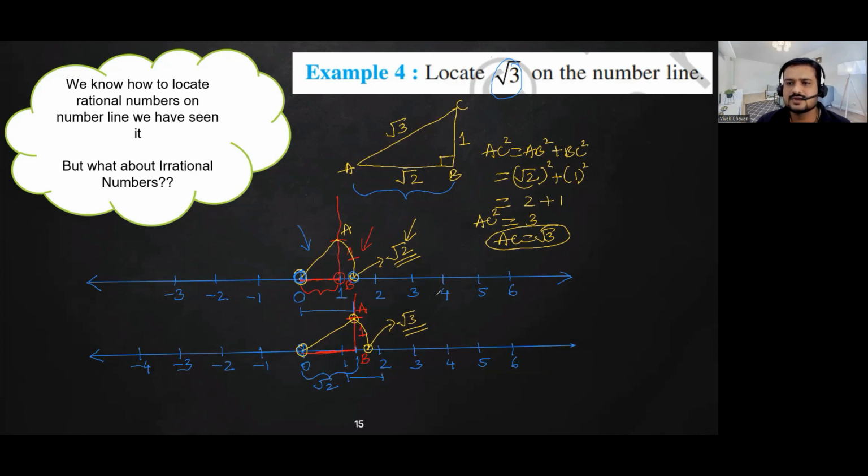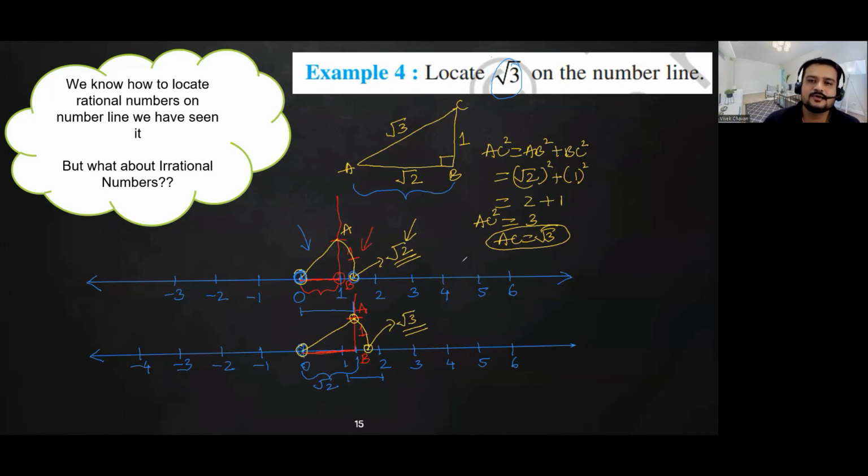Under root 10 plus 1, correct? So base you will take as under root 10 in that case, and height you will take as 1. Is it clear to everyone?